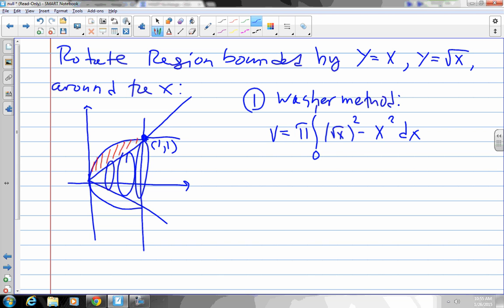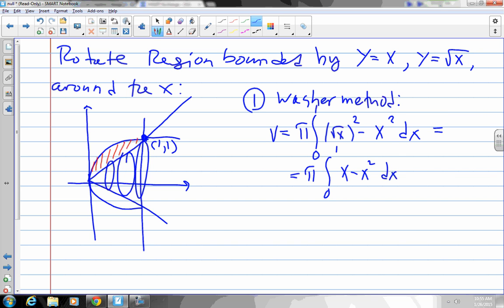Is that okay? So that's a difference in radii, difference of squares of radii. So we end up with the integral from 0 to 1 of x minus x squared dx. Good.